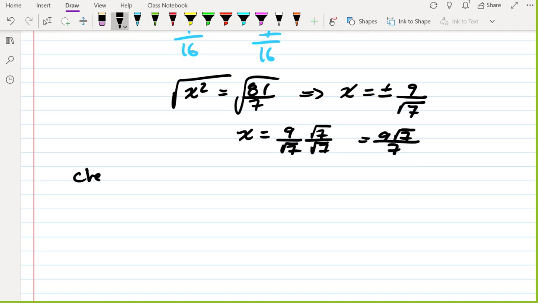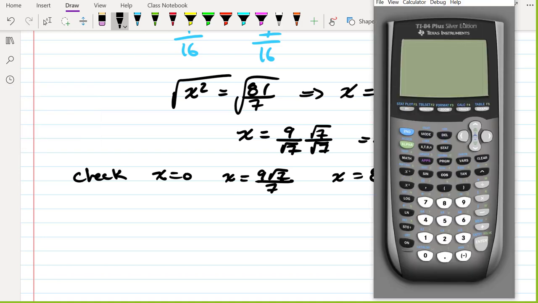So we need to check x equals 0, x equals 9 square roots of 7 over 7, and x is equal to 8.